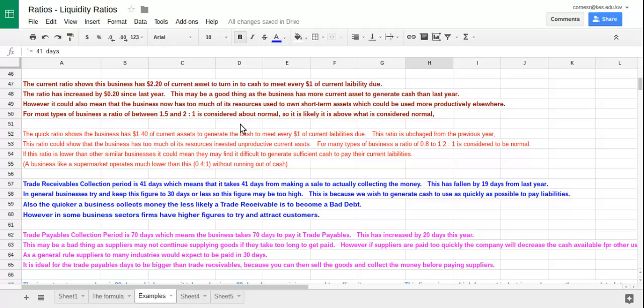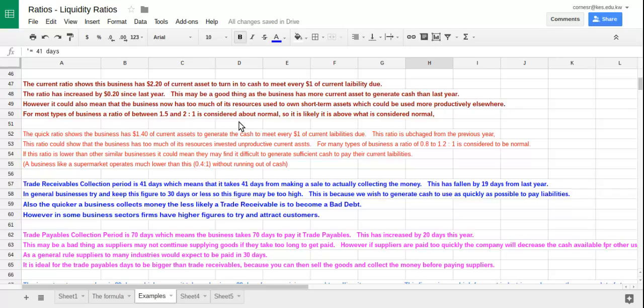If you run a chain of shops, maybe opening a new shop. If you run a factory, maybe trying to get more equipment so that you can sell elsewhere. So after a certain point, having too much current assets compared to your current liabilities actually means you are not managing your business efficiently. You could free up some cash and go and buy something useful.